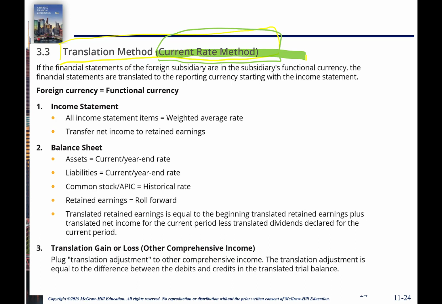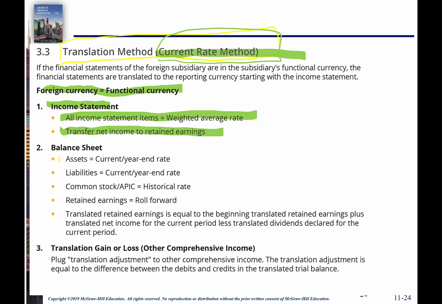Okay, so make sure you realize translation method could also be referred to as the current method. Now, if that's the case, again, the foreign local currency is the functional currency, most of the business being done in England, English company. For income statement items, we will always use the weighted average. Okay, we will transfer our net income to retained earnings, just like you would in any situation. Net income goes down to retained earnings.